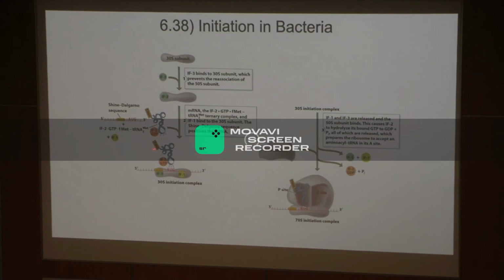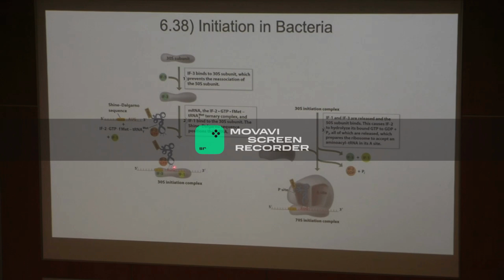Now we form this so-called 30S initiation complex in which the initiator tRNA is bound in what's going to become the P site, and it's bound in part to this codon-anticodon duplex. We have the anticodon loop here, which is complementary to the AUG start codon.